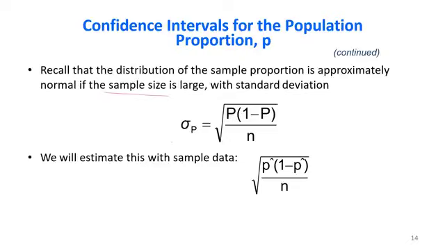So here, the standard deviation for the population proportion is denoted like this. For example, in this population, P is this. You can consider this P as English speaking people.